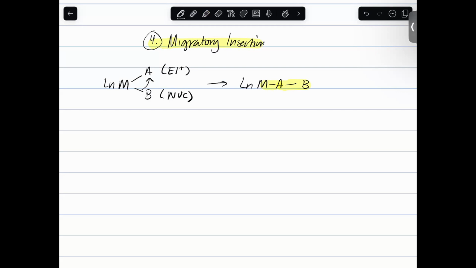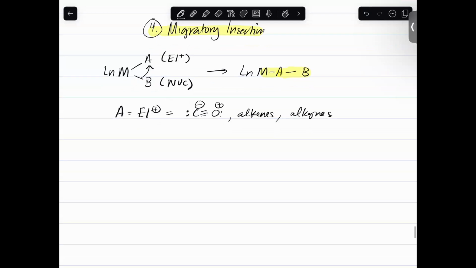Now, common electrophiles are carbon monoxide, alkenes, and alkynes. And I'll show you examples of all of these as electrophiles as we move on through this part of the lecture. Common nucleophiles, anything really with a negative charge.